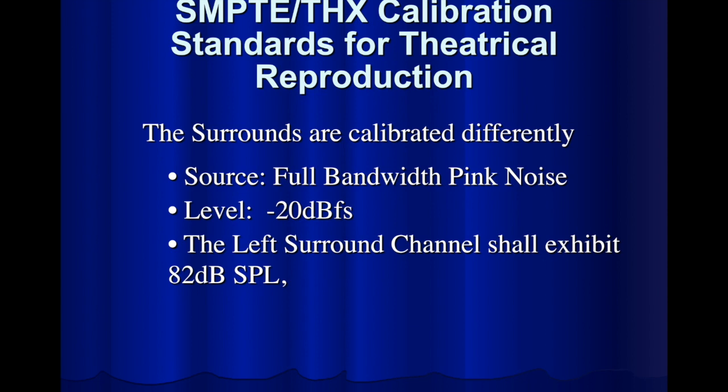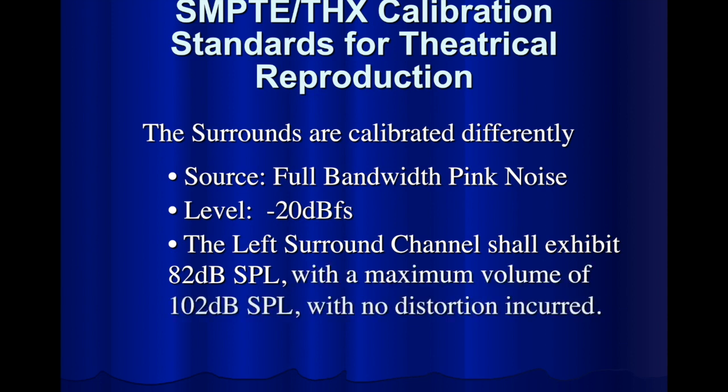Once again, we have the comma, so there's more information, and that of course means that if our level goes up 20 dB to 0 dBFS, that's going to give us a maximum volume of 102 dB SPL with no distortion incurred. That, once again, is audible distortion.